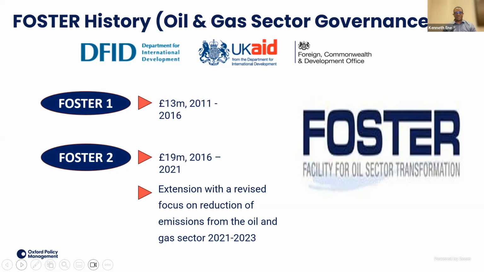In terms of the project itself, FOSTA, that's the acronym, it spanned 12 years, about 2011 to 2023, circa £32 million. And towards the tail end of the project, the focus moved towards the reduction of emissions from the oil and gas sector, so more around the climate angle of the oil and gas sector. Next slide, please.